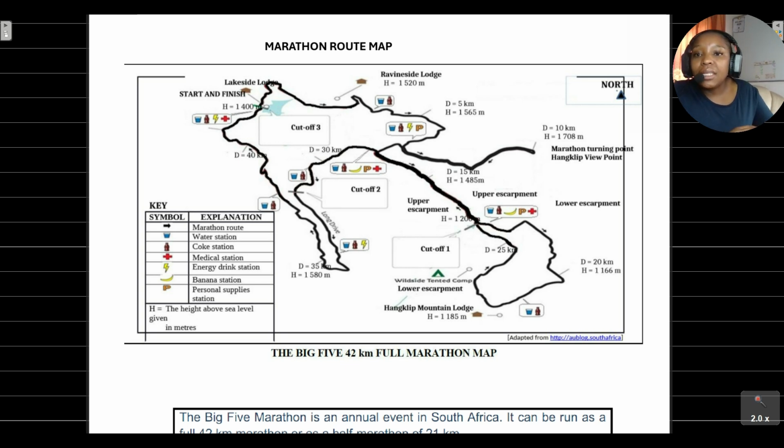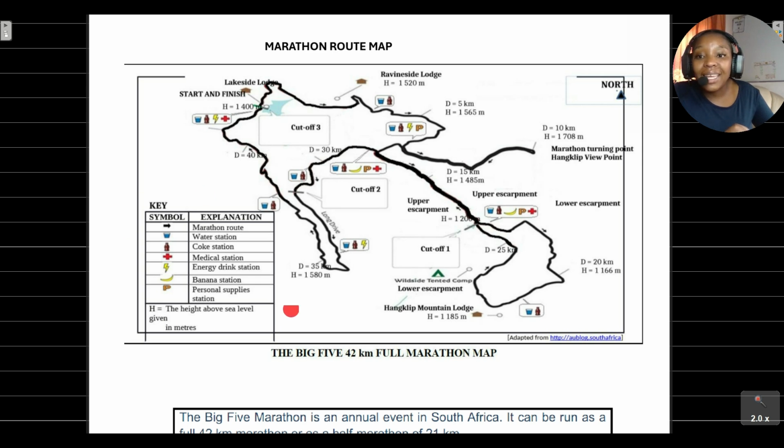You can see that we're given key features, things that are very important that we need to use to help us answer questions. They are giving us very specific information about what's happening on this map.